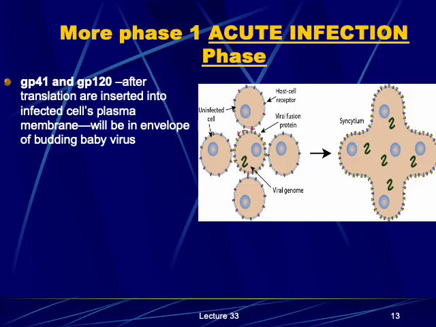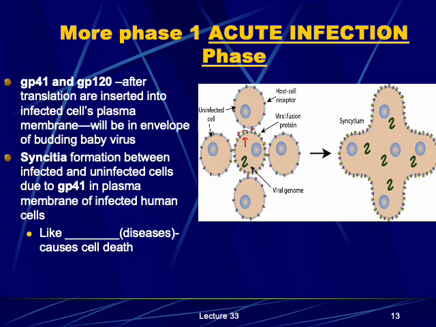These surface proteins are going to end up in the envelope of the baby viruses, because the baby viruses are going to be pinching off, budding off here, correct? But those proteins are there to begin with. But what's interesting is GP41 has a function here in the plasma membrane before it becomes part of the envelope.